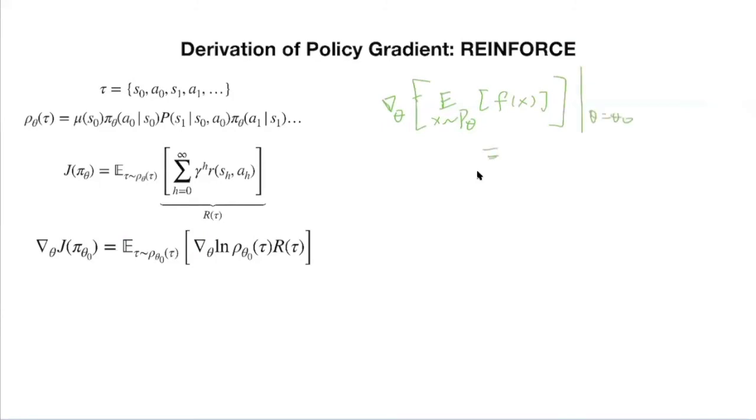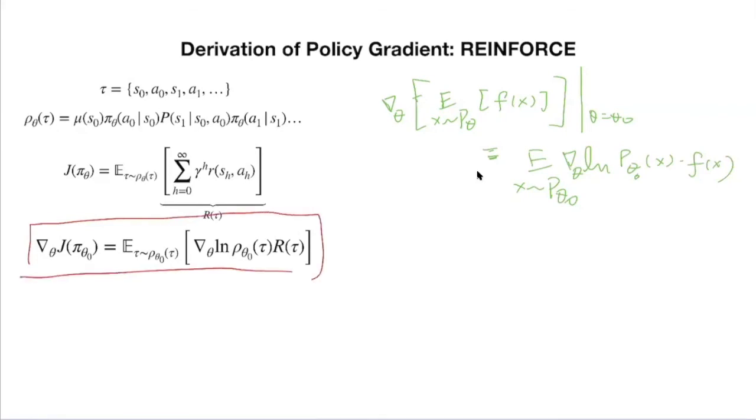We've convinced ourselves this equals the expectation, X from P theta 0, of the gradient of log P theta 0 of X times f of X. In this step, I'm literally using the derivation from the warm-up step, replacing f by this R, and replacing P theta by this rho theta.